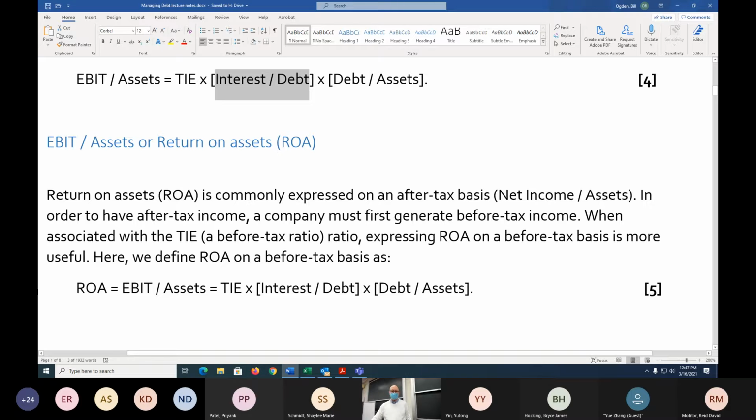So in other words, a little explanation here: in order to have after-tax income, obviously a company must first generate before-tax income. When associated with the times interest earned ratio, which is before tax, expressing ROA on a before-tax basis is more useful. Okay, so for this unit, for this course only, we'll be defining ROA as EBIT over assets.